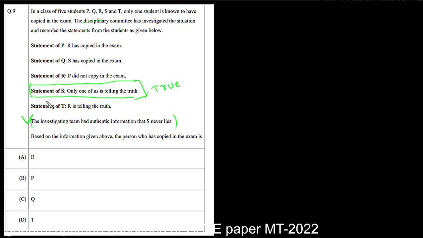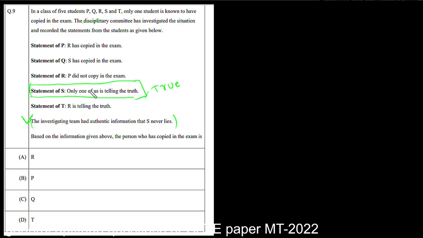First, the committee has confidence that student S is truthful. That means we have assumed the committee is sure that this student is truthful, and now the statement of the student itself is that only one of us is telling the truth. Since the committee already had authentic information that S never lies, and S says only one of us is telling the truth, that means only student S is telling the truth, because the statement of student S itself describes that the only student giving a true statement is S, and the remaining four students are false.